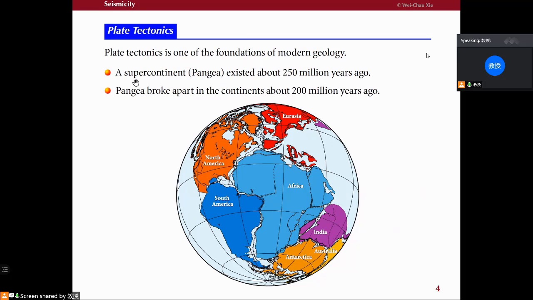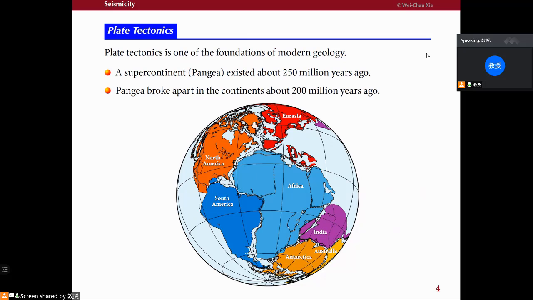250 million years ago, there was a supercontinent called Pangaea. Okay, so 250 million years ago, the Earth is one big plate, and this big plate or a supercontinent, 超级大陆, is called Pangaea. And then Pangaea broke apart into the continents about 200 million years ago.